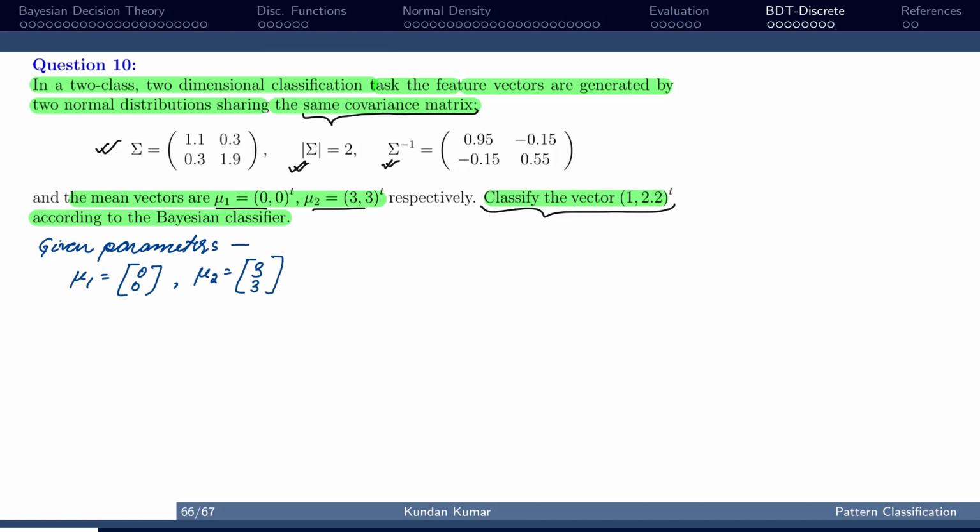Okay, and in this problem we don't have the prior probability, so we can assume p(omega 1) equal to p(omega 2) equal to 0.5. That means we are considering that both the classes are equally probable.